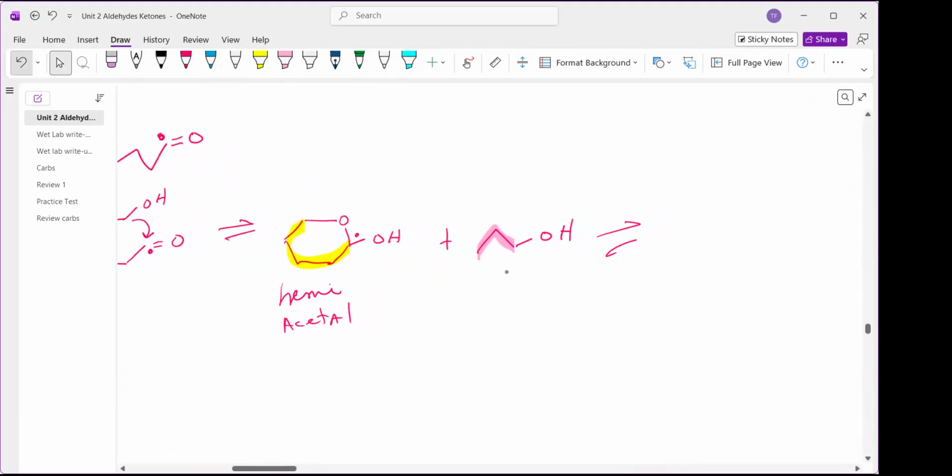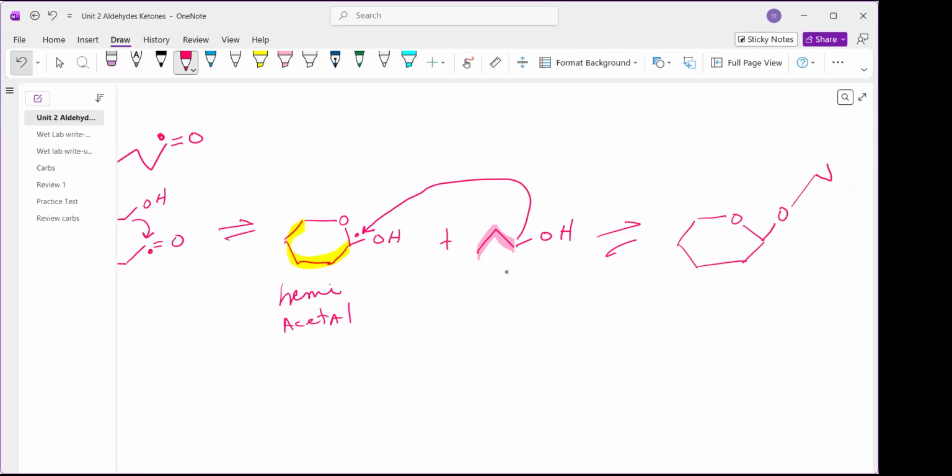And that's going to attach to the anomeric carbon. So this would be the acetal.